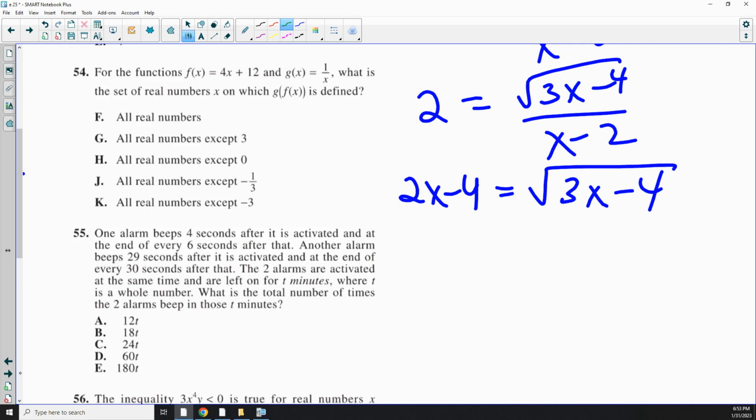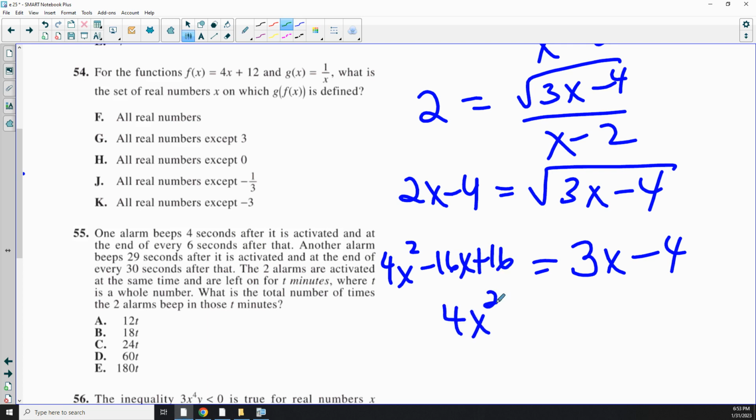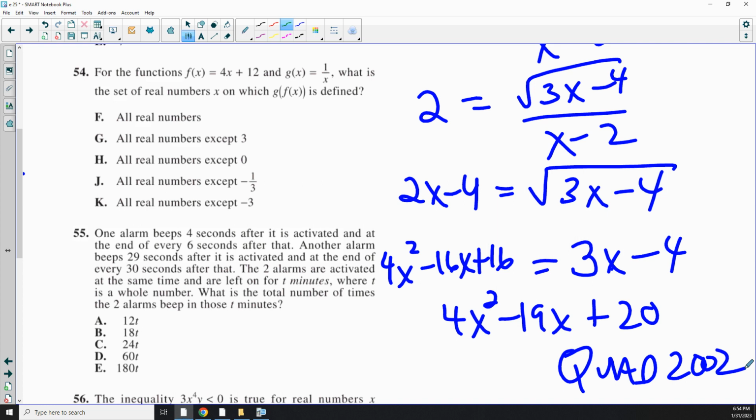Now you have to square both sides. So that would be equal to 4x squared minus 16x plus 16. And you're going to go 4x squared minus 19x plus 20. And then you're going to do quad 2002, which will give you the answer 4.